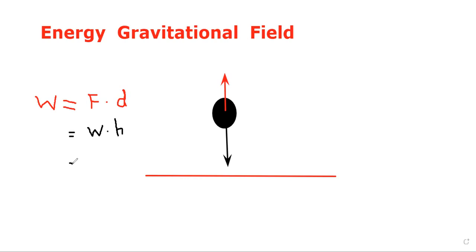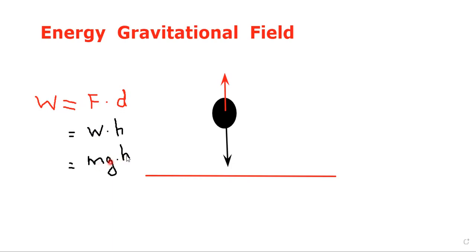So we know that weight is mg and h. This is the work done on an object to move it against the gravity.